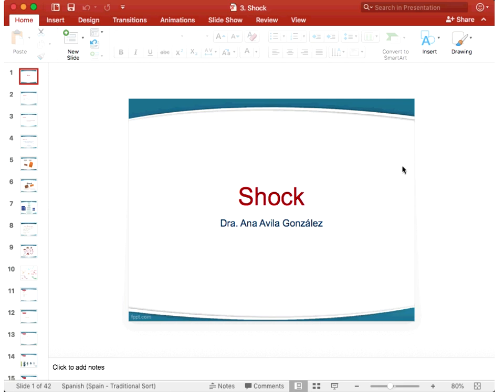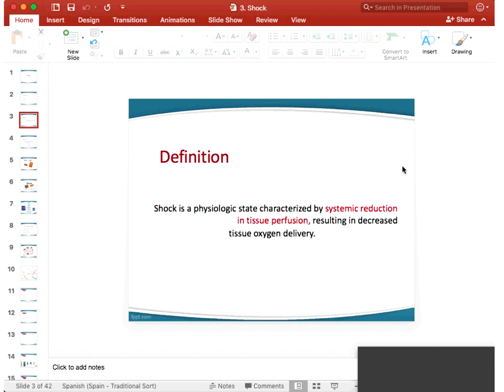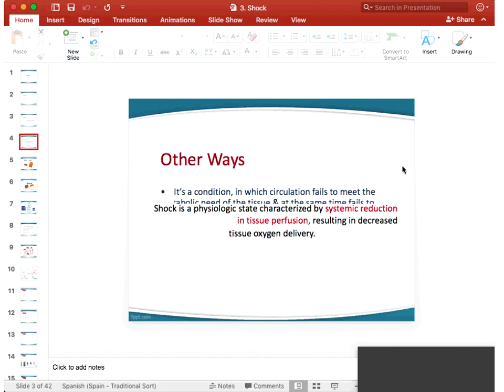Well, today's subject we will be talking about shock, which is quite easy. It's not that difficult, not as solutions, for instance, or acid-base disorders. Shock mainly refers to a physiological state, which is a reduction in tissue perfusion, resulting in a decreased oxygen delivery to all the tissues.